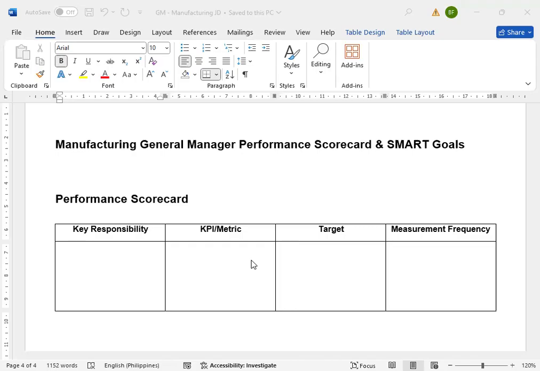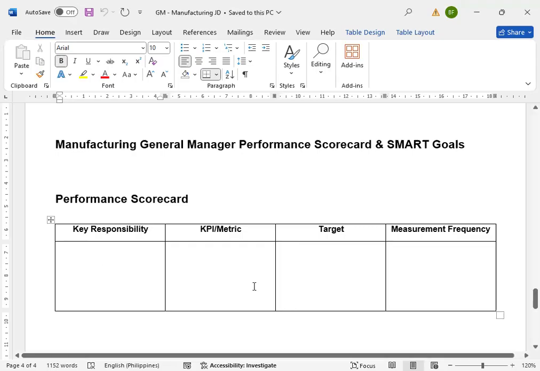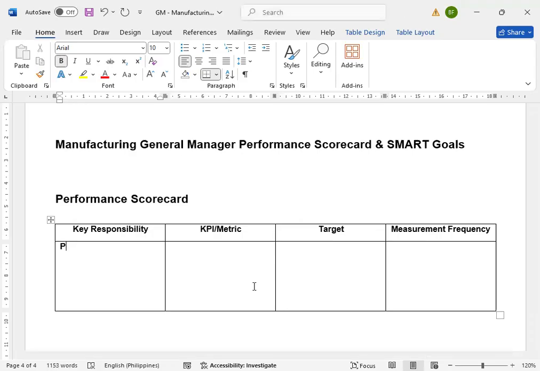So there are several key responsibilities that I'm going to give you a sample, and one of them is production planning and oversight. So let me start by typing this key responsibility.